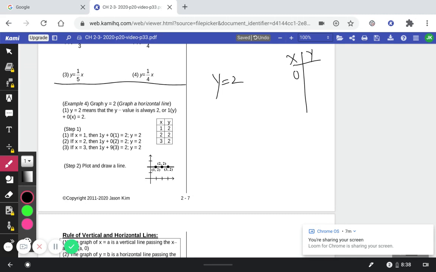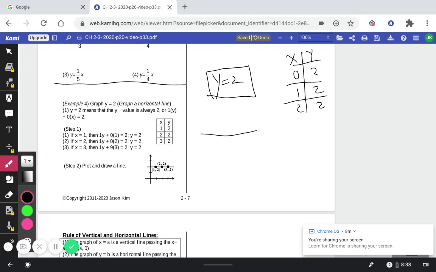When x equals 0, you have no place to put it in the equation because there is no x value there. So y equals 2. When x equals 1, y equals 2. When x equals 2, y equals 2. So y equals 2 means no matter what value of x you try, y always ends up as 2.